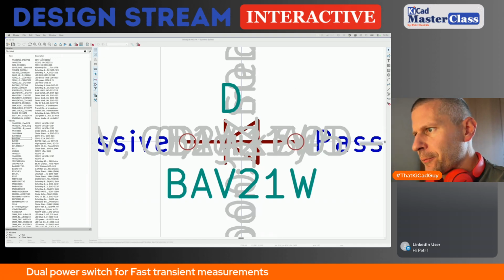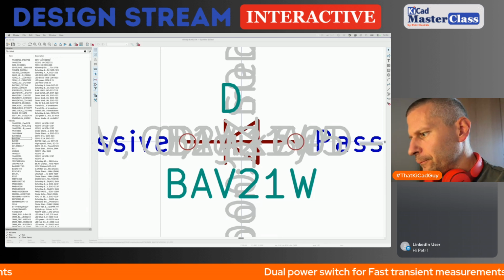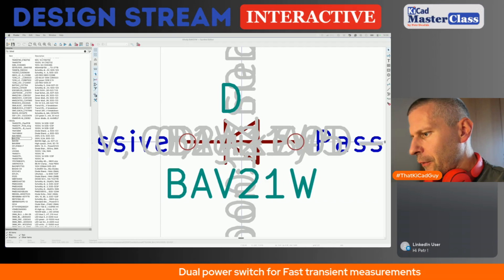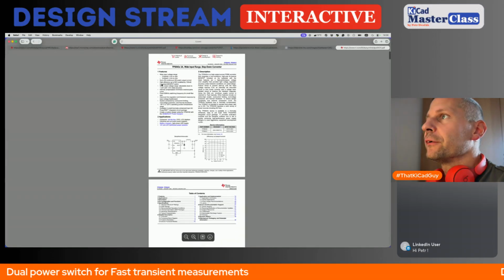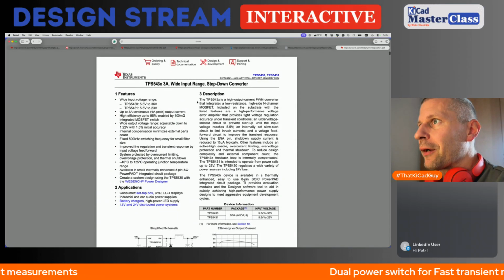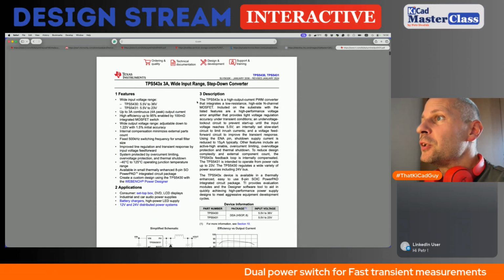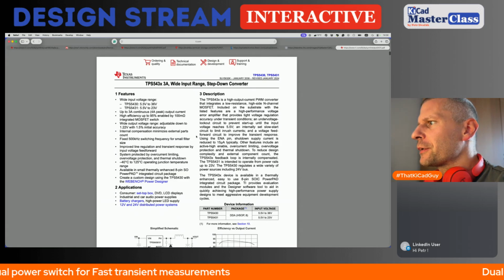Let's see its data sheet, what they say about transient characteristics. So here is the data sheet of the buck I might use. 500 kilohertz.